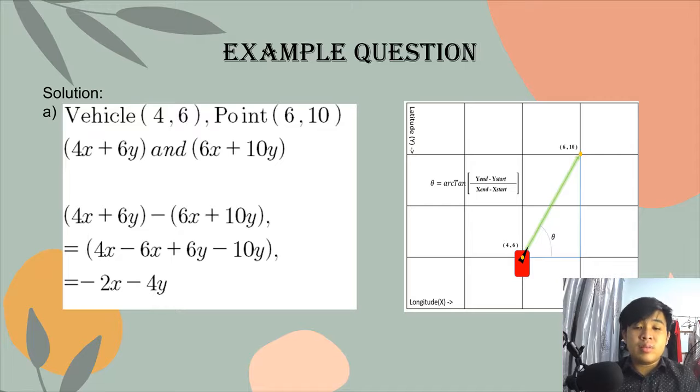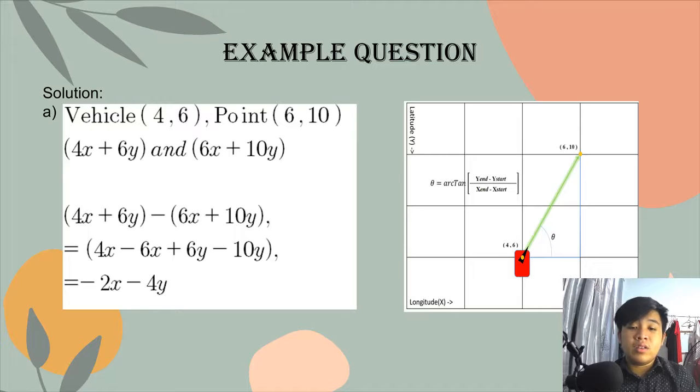The same applies to the second vector. So it becomes 4x plus 6y for the vehicle, and for the point, or second vector, it is 6x plus 10y.